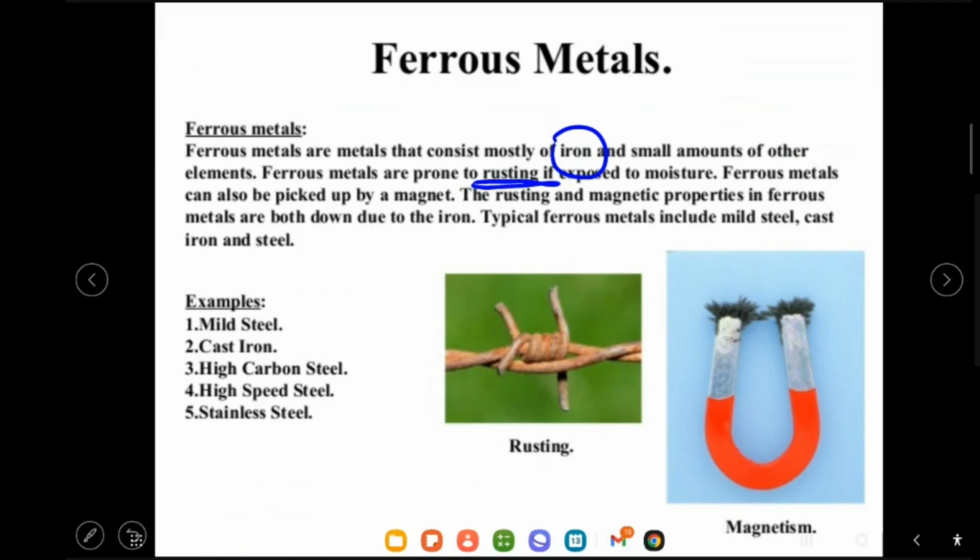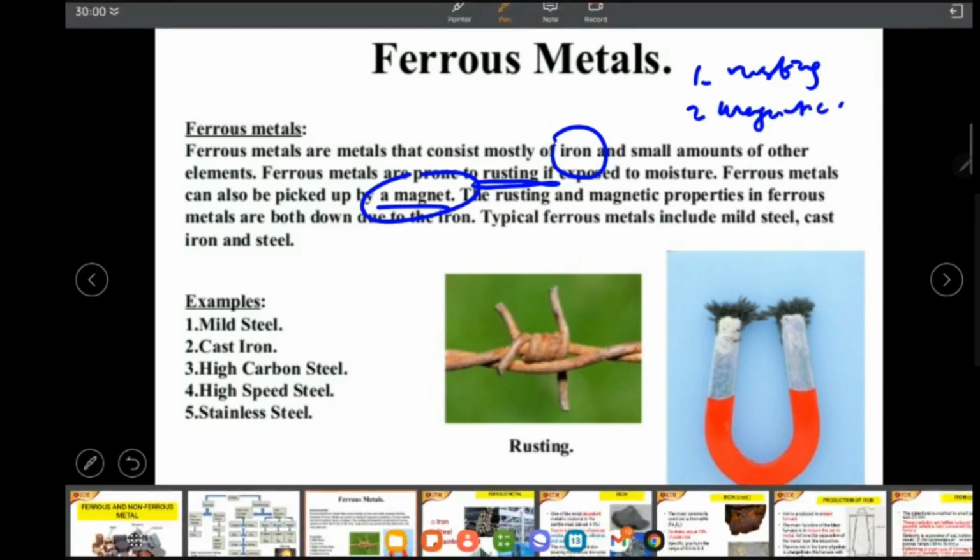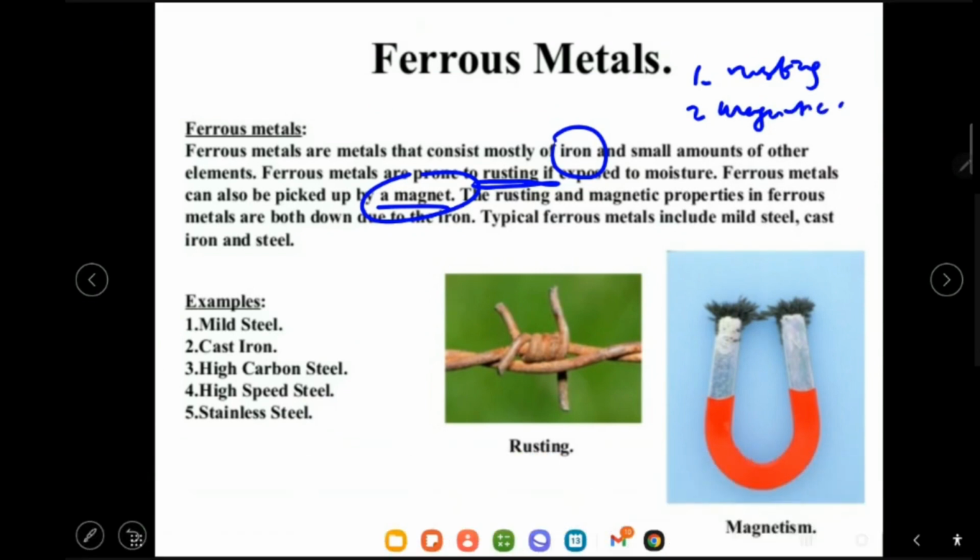The second property is that it is a material which can be picked up by a magnet. So these two properties are rusting and magnetic properties. Typical ferrous metals include mild steel, cast iron, and also steel.